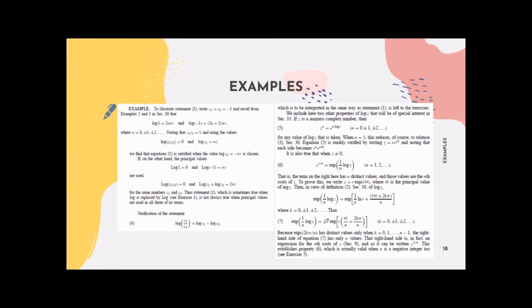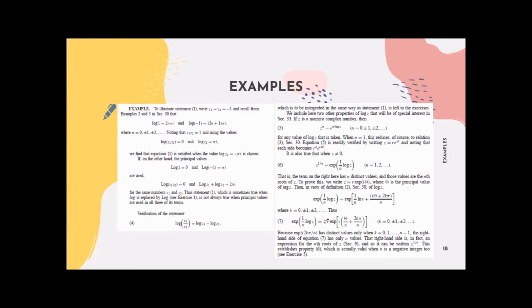To prove this, we write c = r e^{iθ}, where θ is the principal value of arg c. Then, in view of definition 2, section 30, of log c, exp((1/n) log c) = exp[(1/n)(ln r + i(θ + 2kπ))], where k = 0, ±1, and so on.